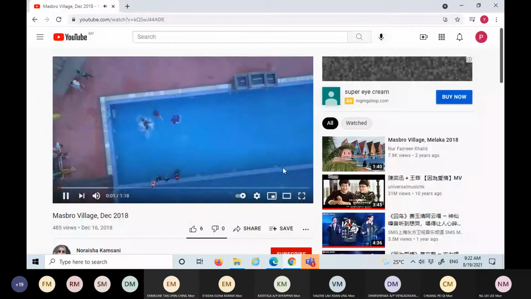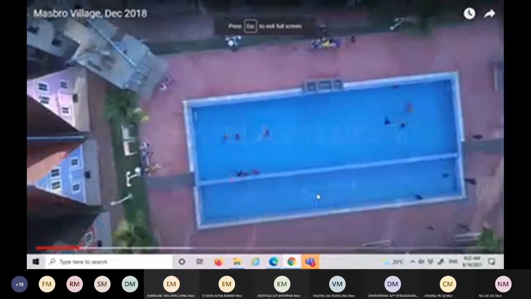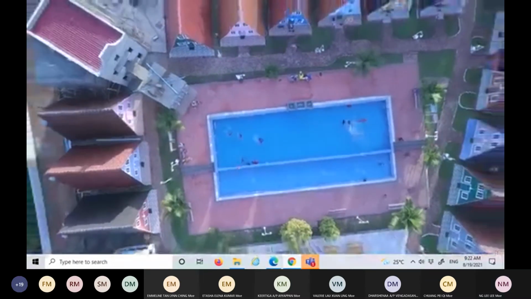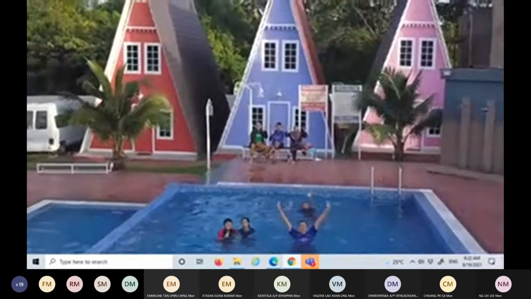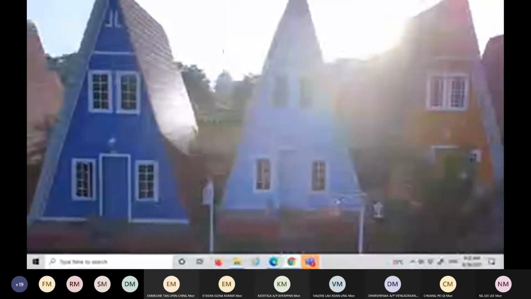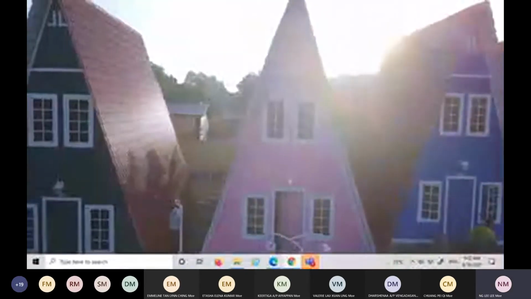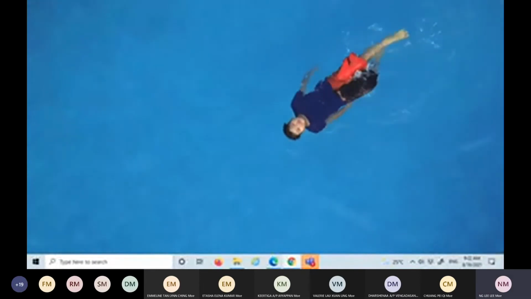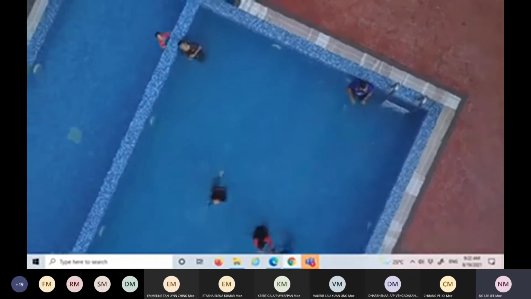Masbro Village. It's maybe a homestay. I think they didn't show what is inside.